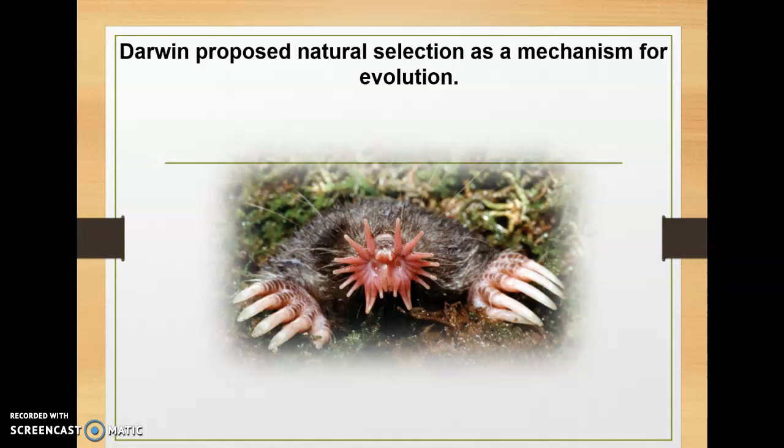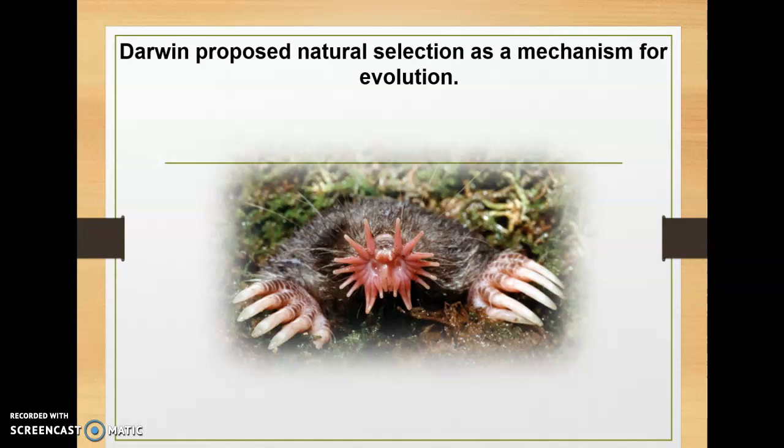And those traits or characteristics that make this organism successful in its environment are called adaptations. And when you're talking about being successful in your environment, living and reproducing, that's referred to as fitness.